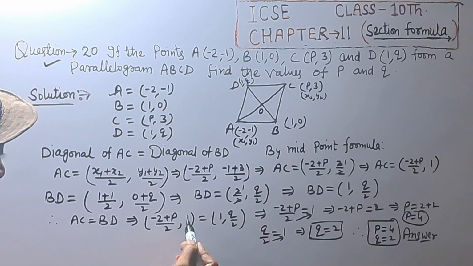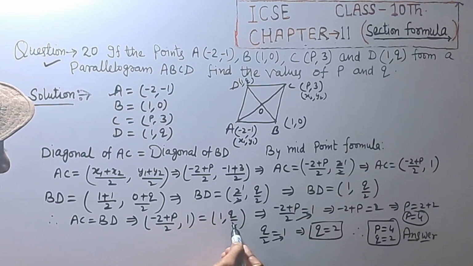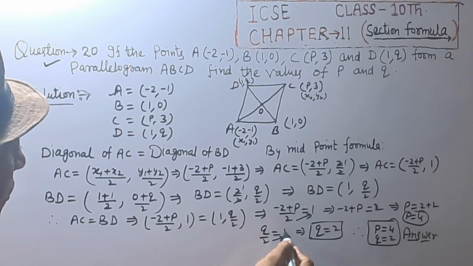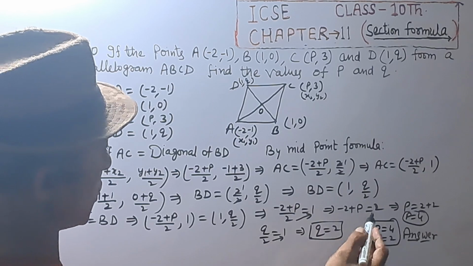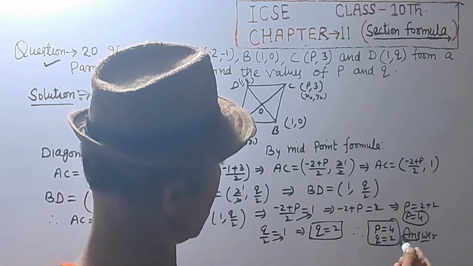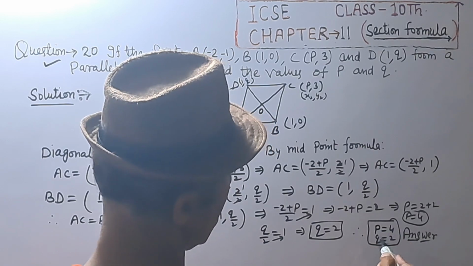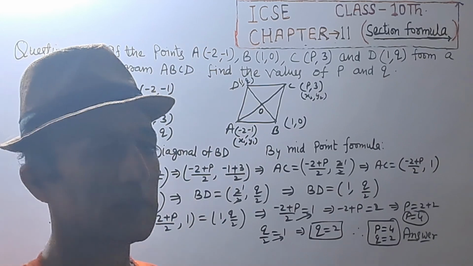And the second point, 1 is equal to q upon 2. q upon 2 is equal to 1, 2 multiplied by 1 is 2, and the value of q is equal to 2. The required values are p is equal to 4 and q is equal to 2. Answer. Thank you.